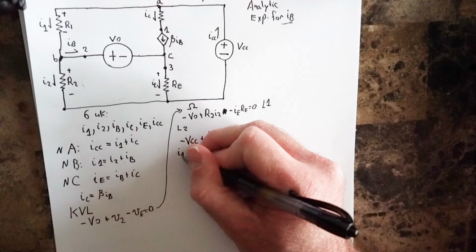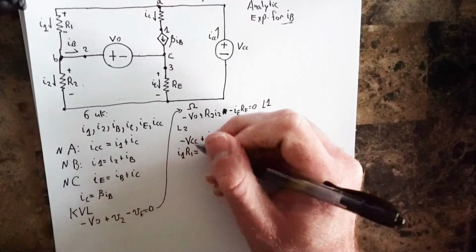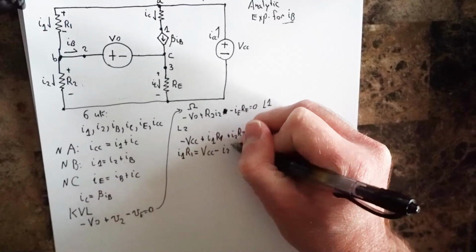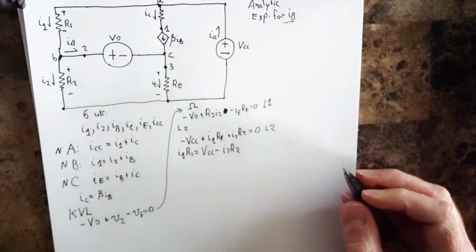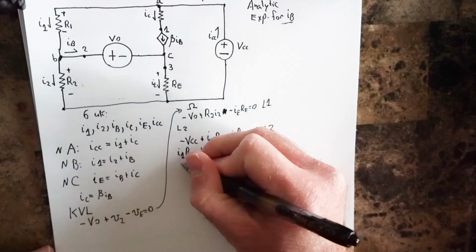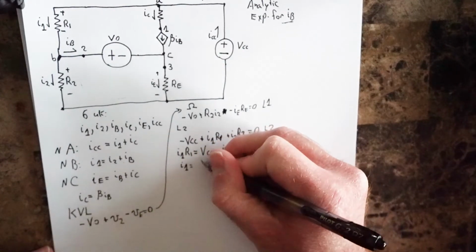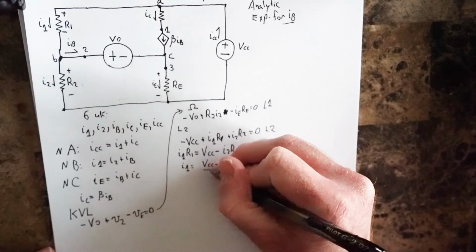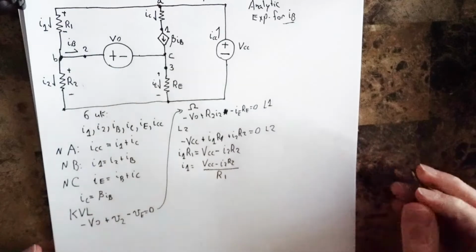So we know that I1 R1 is equal to VCC minus I2 R2. Okay, so that must mean that I1 is equal to VCC minus I2 R2 over R1.